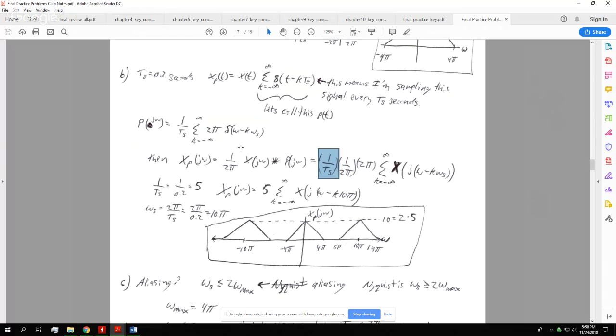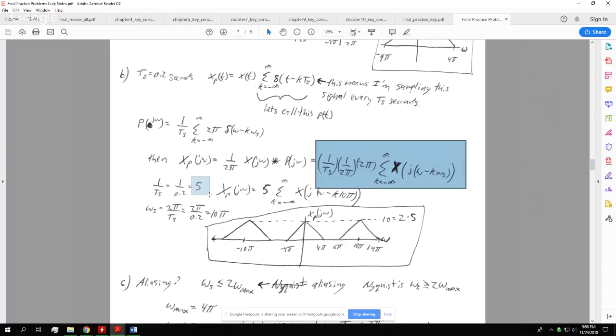This came from the definition of a pulse train. Our 1 over 2 pi came from the definition of convolution when you are multiplying in the time domain. And then from here, it's just plug and chug.